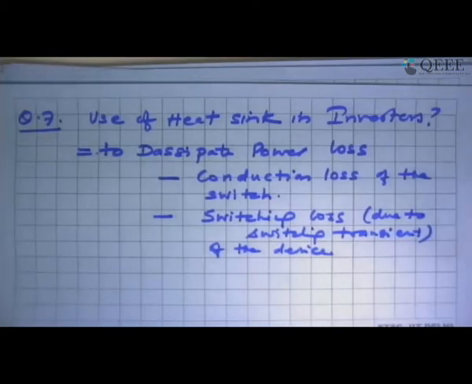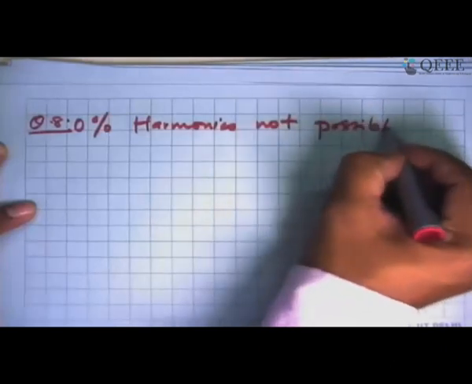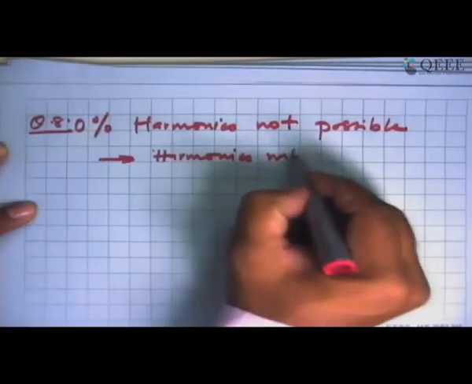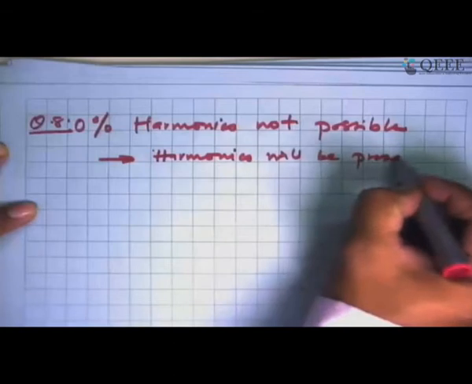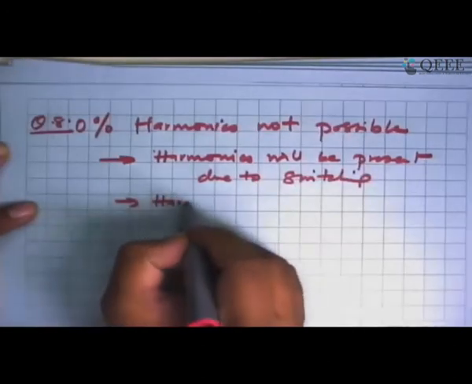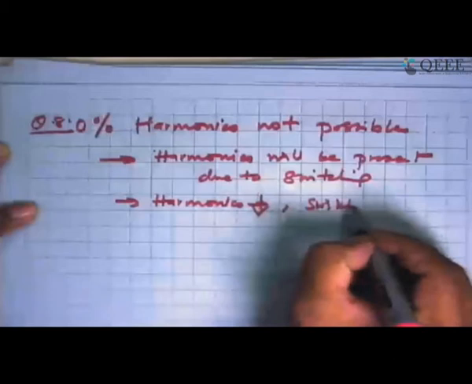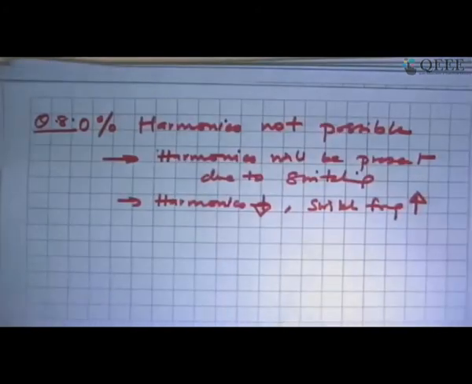There are different methods to estimate the same, and based on that you have to apply the different stages of charge. Somebody has asked whether 0% harmonics is possible. The percentage of harmonics reduces as we increase the switching frequency, because we are shifting the harmonic power to higher frequencies, so the percentage will be less.